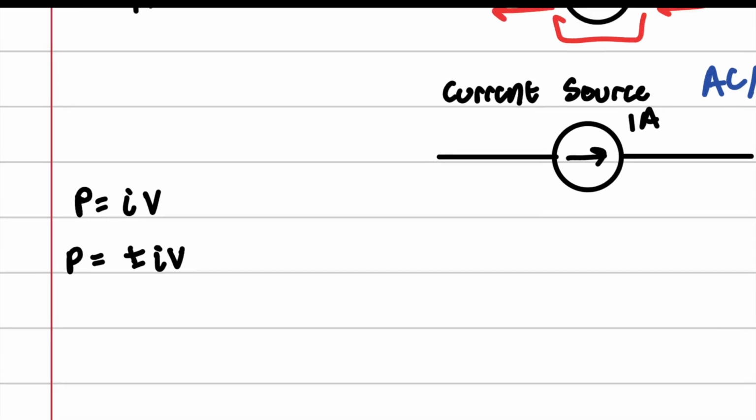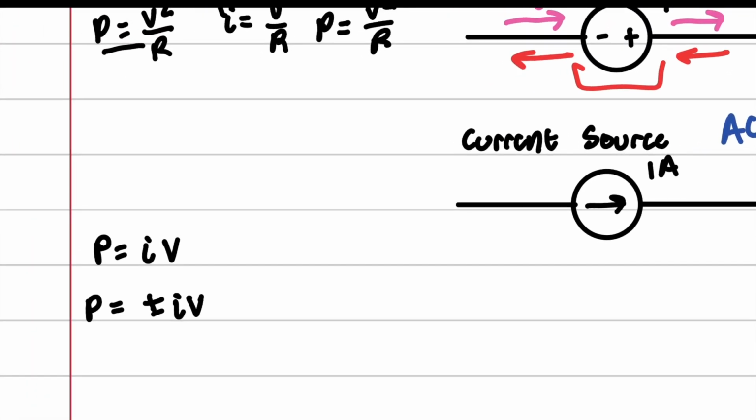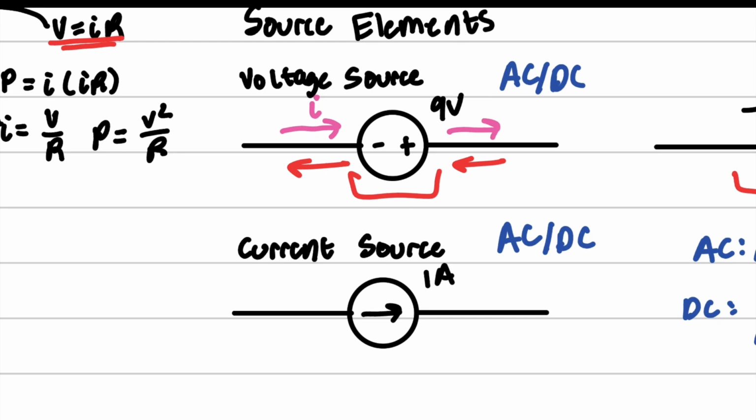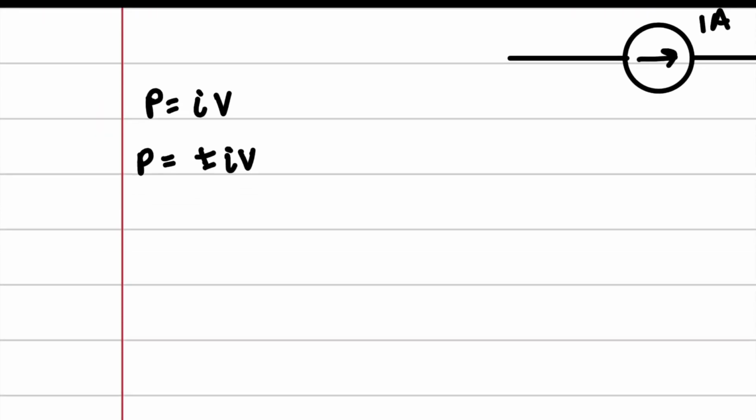And so we assign this coordinate system as well. So for the sake of consistency, throughout this entire video lecture, I will be calling currents going into the negative end negative, and currents going into the positive end positive. And likewise, we can have a positive power or a negative power.